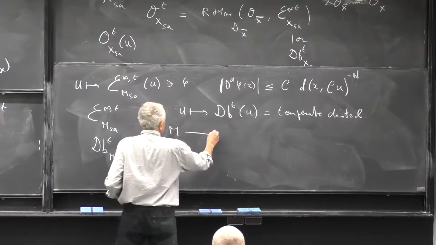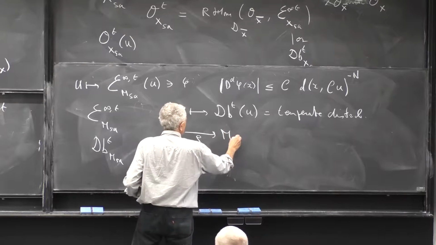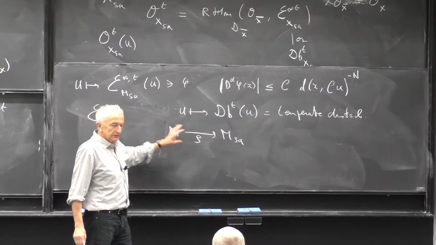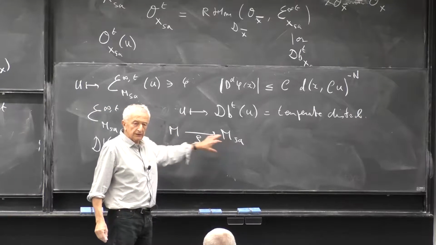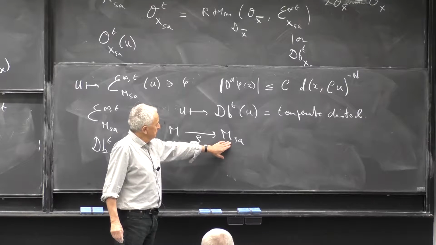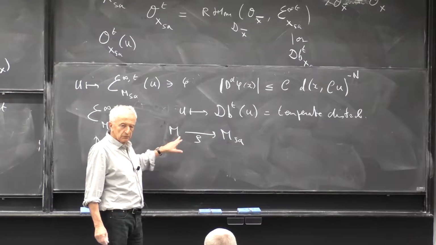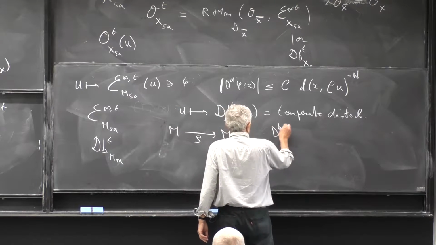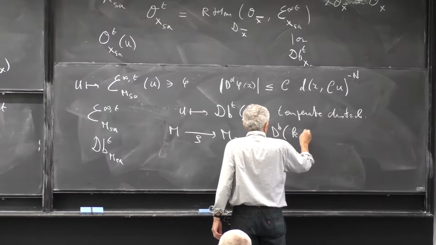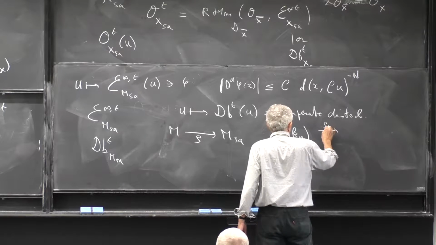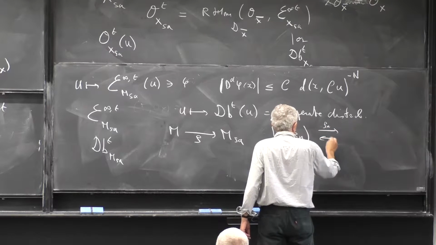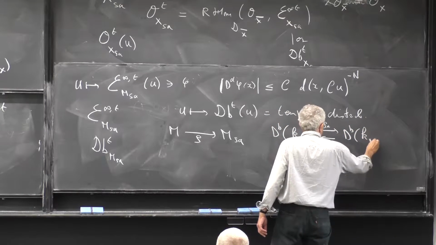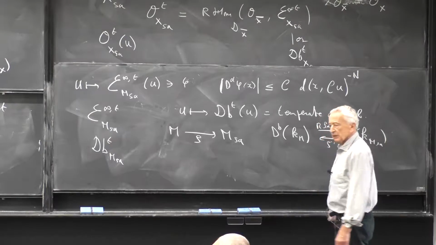So we have a morphism of site, okay, because here there are more open sets. So the inverse image of an open set here is an open set here, and the inverse image of a covering is a covering. Okay, so we have a morphism of site. So we can work as usual with direct and inverse image.